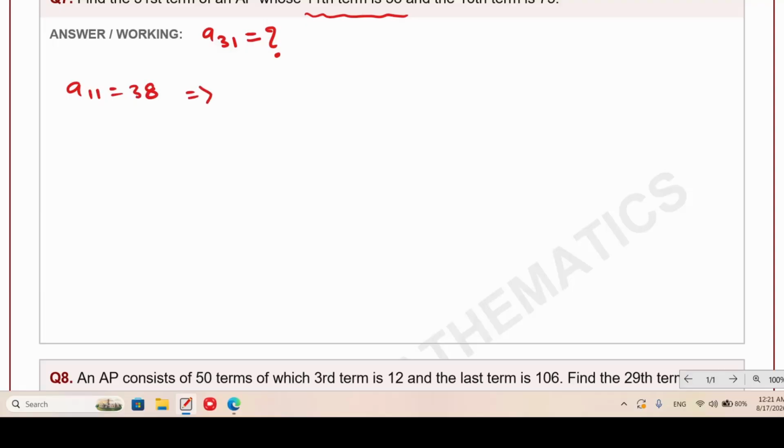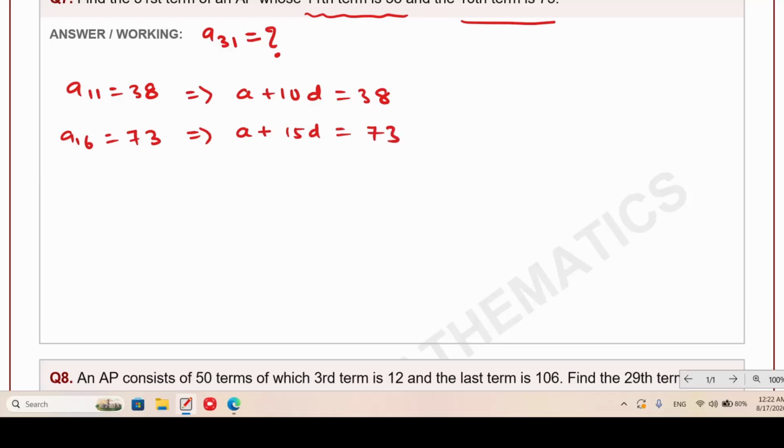So A11 is 38 means a plus 10d is equal to 38. And the 16th term is 73. A16 equals 73, which means that a plus 15d equals 73.